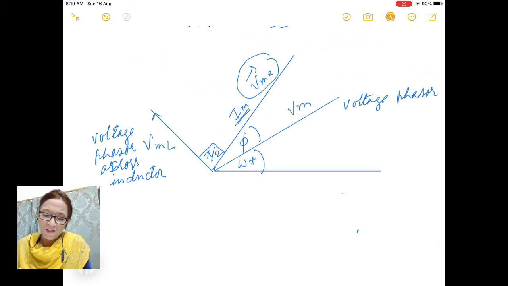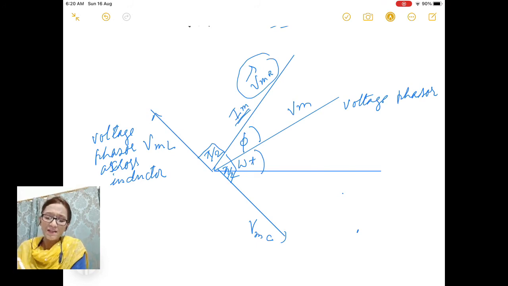So voltage phasor will lag behind its current phasor by pi by 2. This is your pi by 2. Here you have voltage phasor given by voltage amplitude across capacitor.